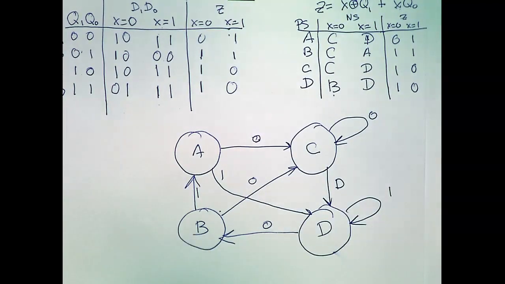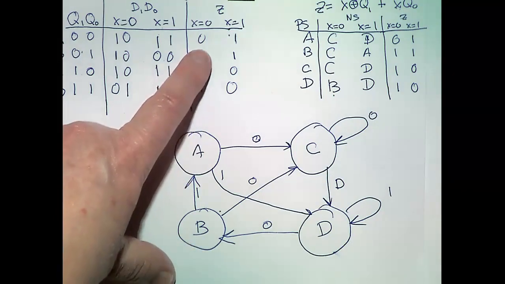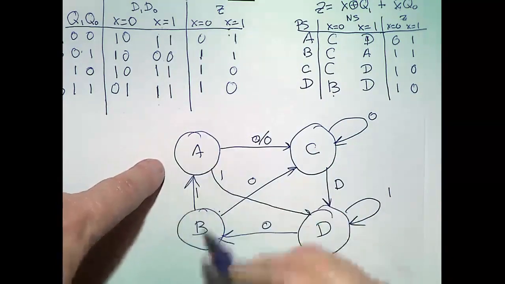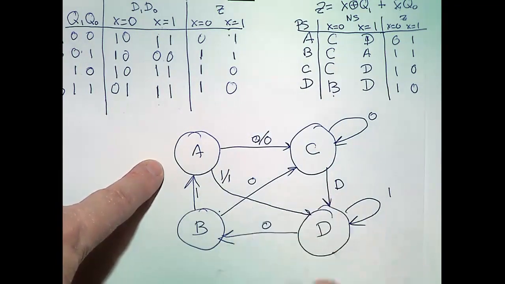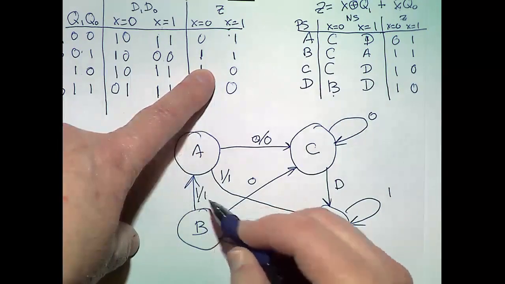Okay. Are we done? No. Okay, what's wrong? Okay. So now I have to go put the outputs on the arc. So when we are in A and we have 0, that's 0, but with a 1, that's a 1. For B, it's 1 in both cases.